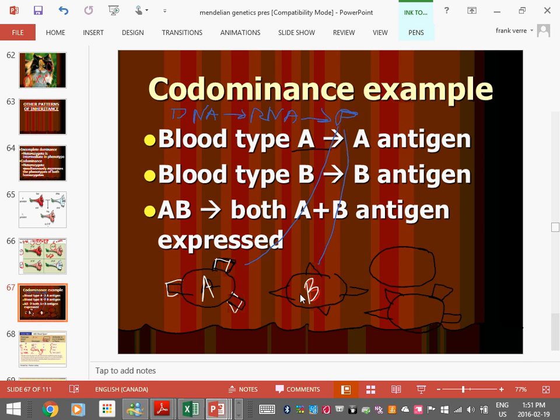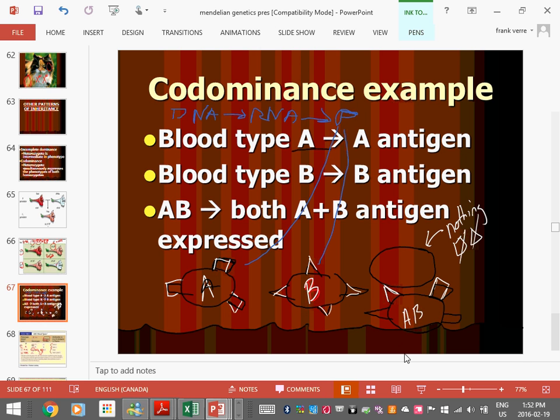And if you have blood type B, you produce a different type of protein that I'm going to draw as a triangle. If you have blood type O, you produce nothing. You don't produce the square or the triangle. They don't exist. Now, if you're blood type AB, you produce the triangles and the square.